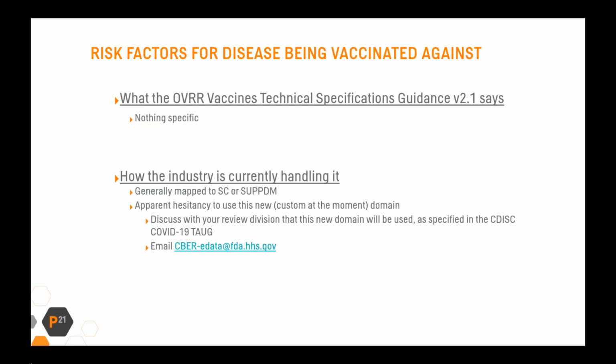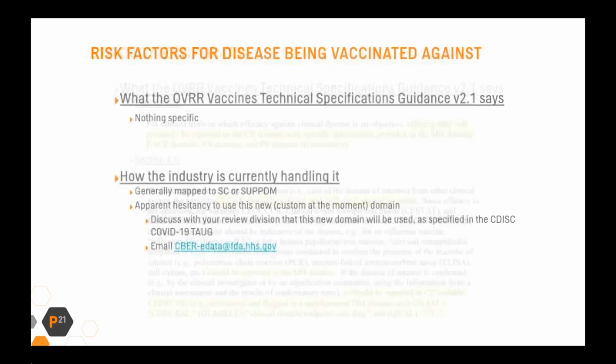If there is, I recommend discussing with your review division that you plan to use this new domain modeled in the CDISC therapeutic area user guides, or you could email the eData email address. But again, the recommendation is to start using this domain.